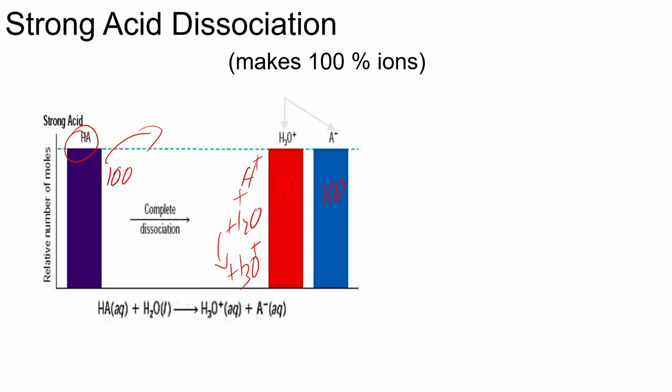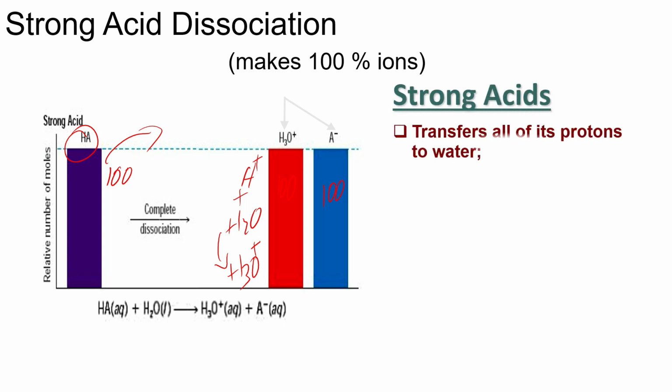HA in aqueous solution plus water releases protons that combine with water to give hydronium ions and A minus. What is meant by strong acid? Strong acid means the acid transfers all of its protons to water. All.